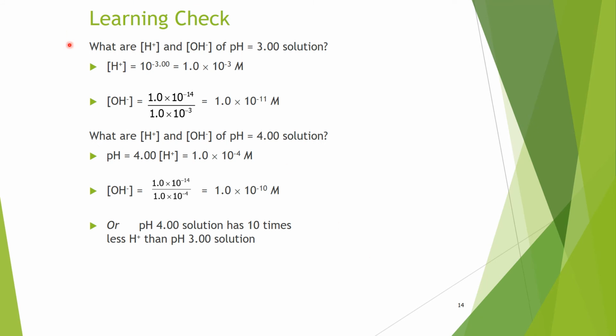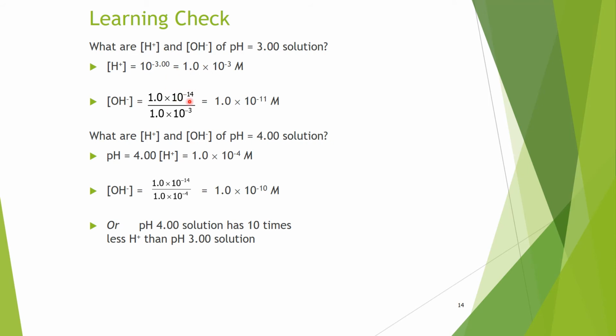Okay, so let's say I have this problem here. What are the H plus and OH minus concentrations of a solution with a pH of 3? What we can do is figure out the H plus, and it's simply 10 to the minus 3. All right, what is the OH minus?